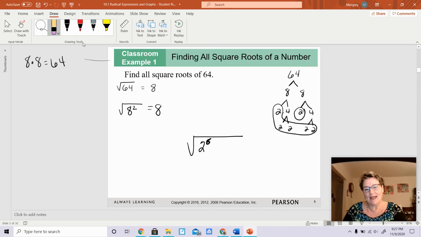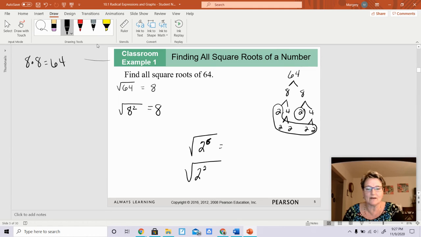So if I have 2 to the 6th power, I can break this up as 2 squared times 2 squared times 2 squared. Okay, so I just broke this up as primes. 2 squared times 2 squared times 2 squared is really 2 to the 6th power.